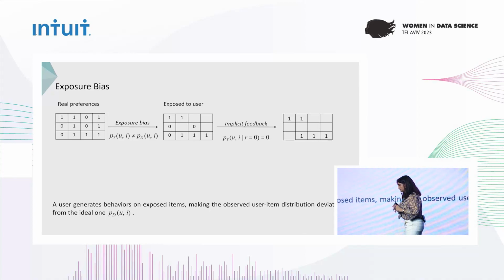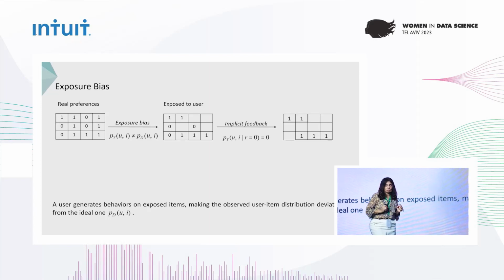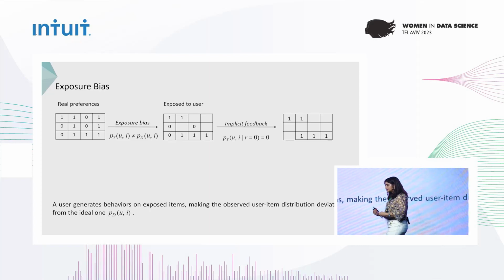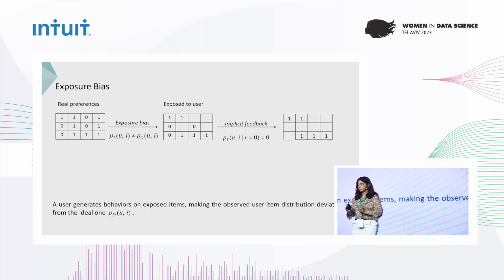One main bias that is very common in recommender systems is what we call exposure bias. We have to remember that the user feedback data we collect in recommender systems is based on some former recommender system that exposed users to only a small portion of the original data.